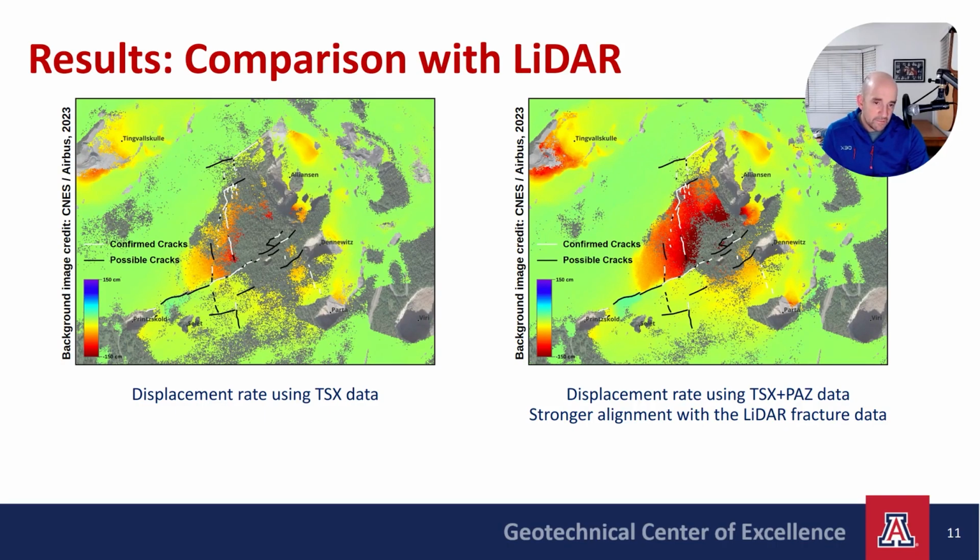So here there's a fracture line, and you can see in the InSAR that the heat map changes color there. And then at the top as well, these two fracture lines, these diagonal ones here, are much better characterized in the TSX plus PAS than they are in the TSX alone.